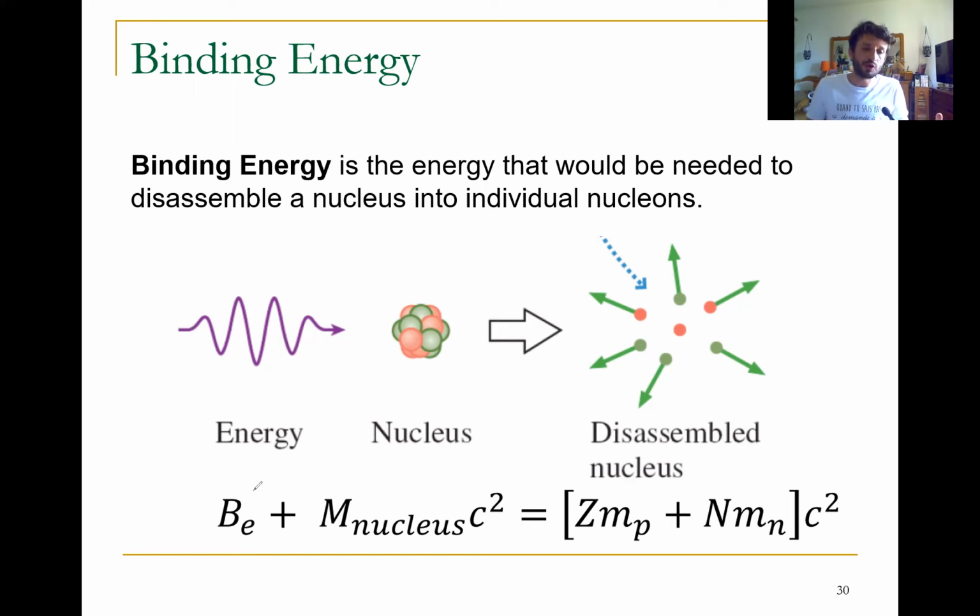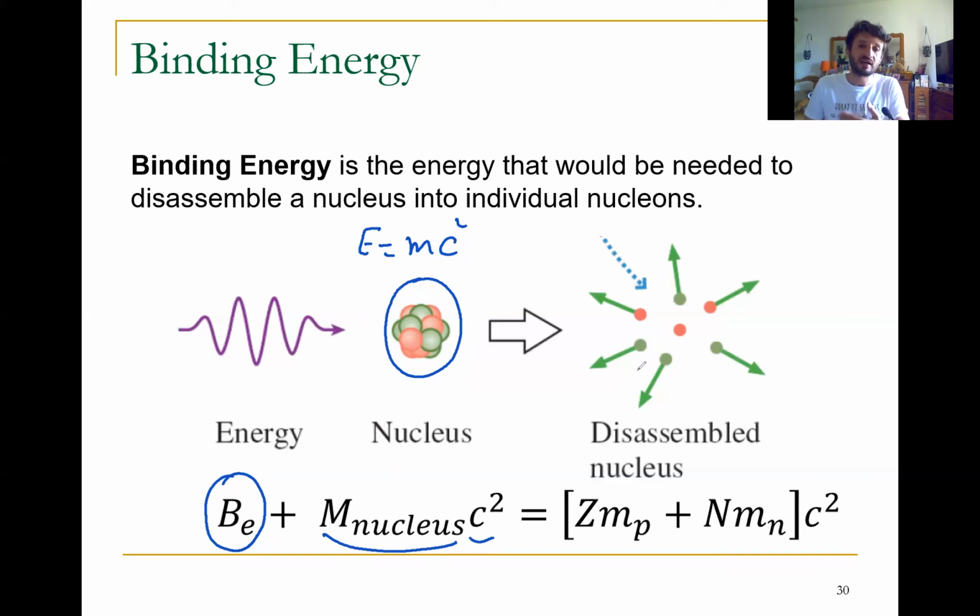Here, before the reaction, we have the incident energy plus the energy of the nucleus, the rest mass energy. For each quantity of mass, we have the equivalent quantity of energy: E equals mc square. So the energy of the nucleus equals m of the nucleus times c square.